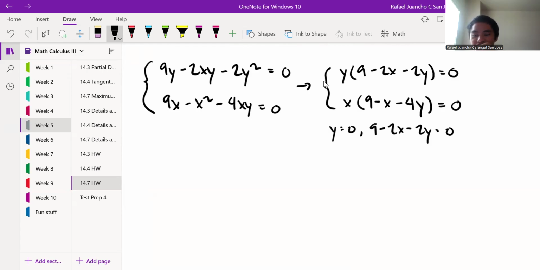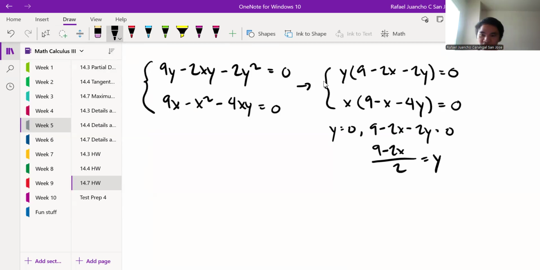I isolate some stuff. So here when I isolate this, I get, that's weird. This is now in linear form. So here I get something like 9 minus 2x over 2 is equal to y.